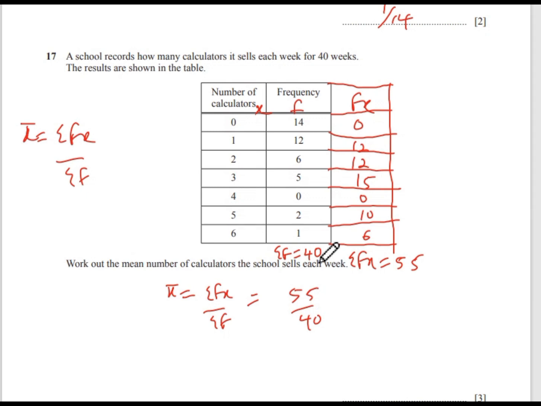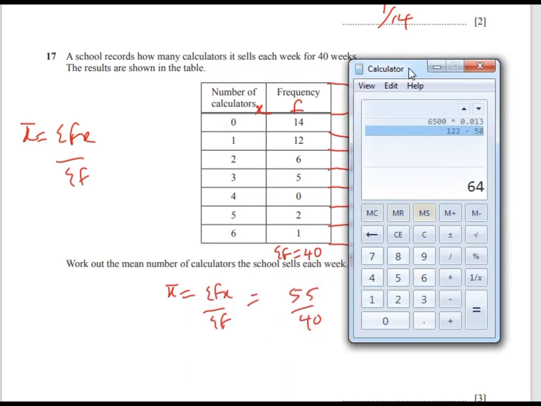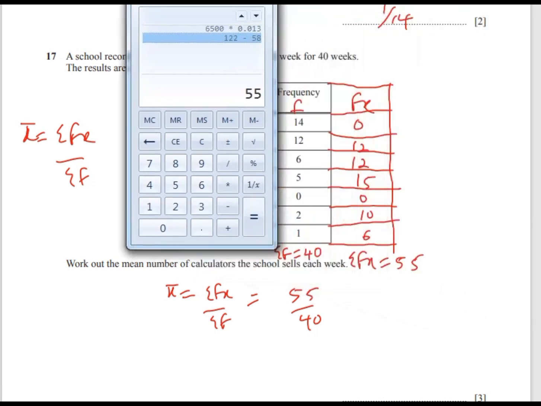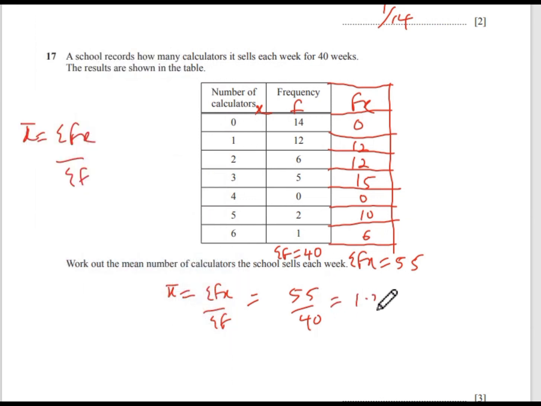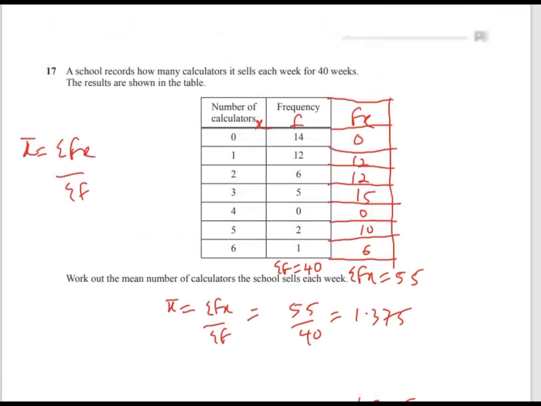If we do that with our calculator, 55 divided by 40 gives us 1.375. So our mean is 1.375, that's the mean number of calculators.